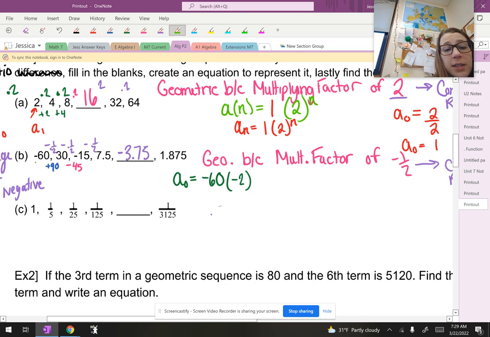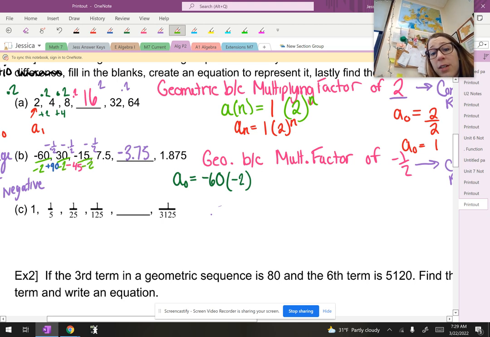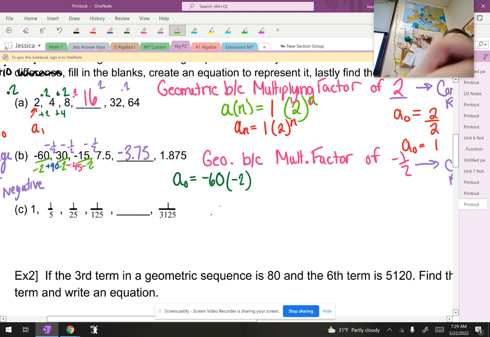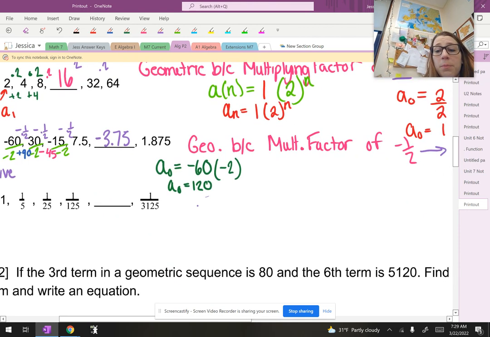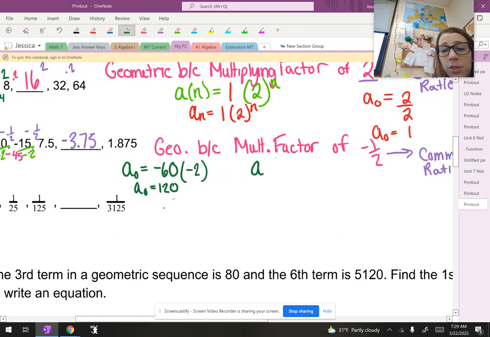I'm dividing negative 60 by negative 2 to get to 30. I'm dividing 30 by negative 2 to get to negative 15. So the opposite of dividing by negative 2 is multiplying by negative 2 to give me an a sub 0 of positive 120, allowing me to use that in my equation.